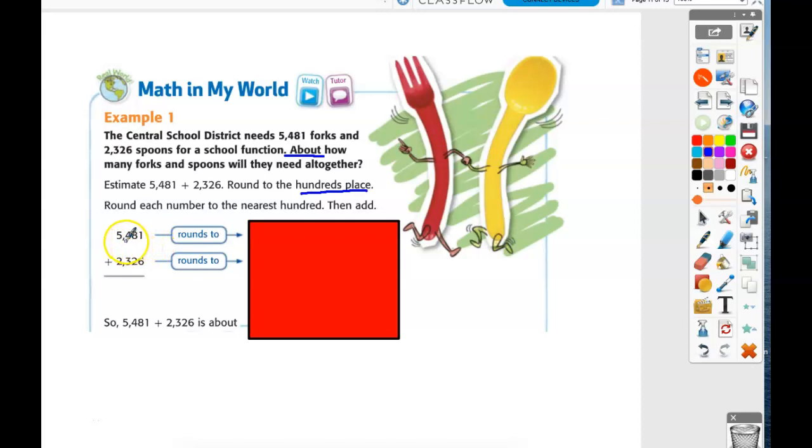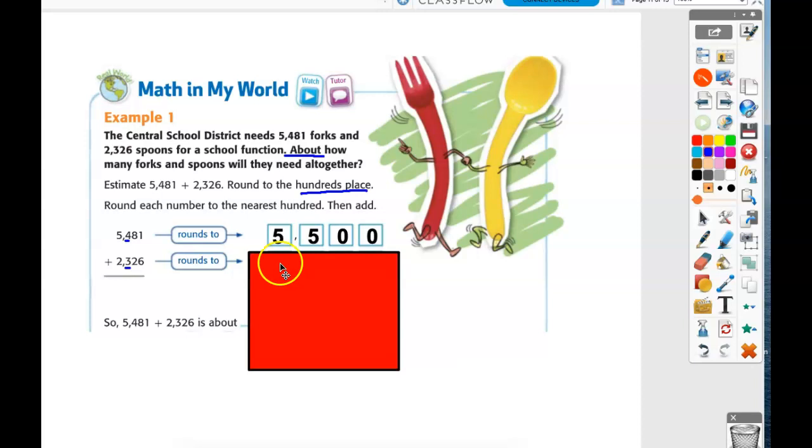So again, I'm going to look at my hundreds, and I'm going to underline it, and then I will circle the digit next to it. You should be able to think about this. So 5,481, I'm going to round to the hundreds. Well, look at this guy. He's 5 or more. So that would actually round up to 5,500.